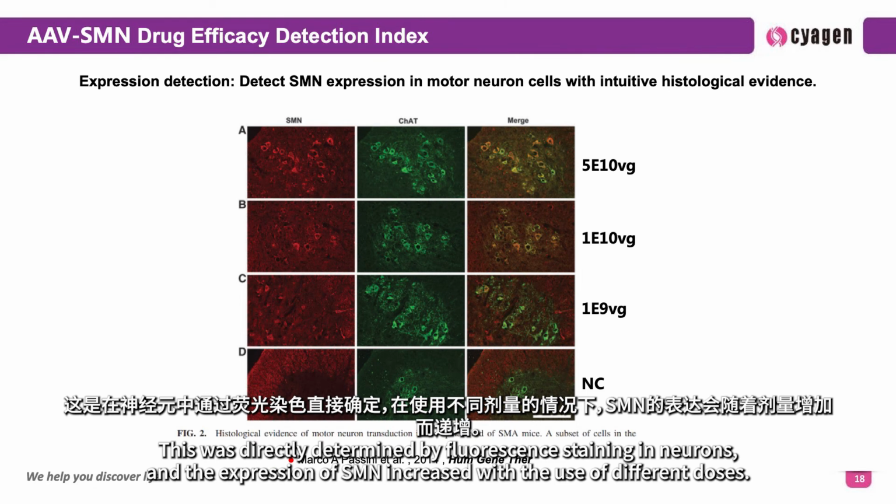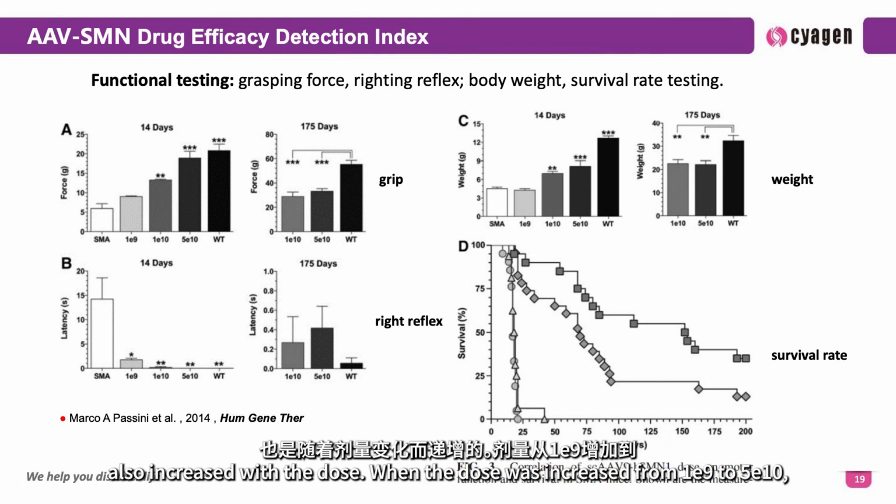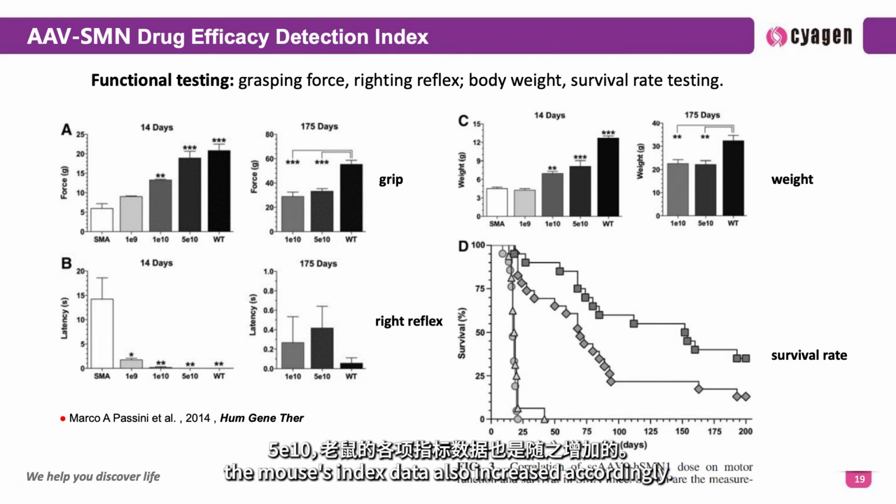This was directly determined by fluorescence staining in neurons, and the expression of SMN increased with the use of different doses. Here's the functional test, and we can see that the grip, the anteroposterior reflex, body weight, and survival of the treated mice also increased with the dose. When the dose was increased from 1E9 to 5E10, the mouse's index data also increased accordingly.